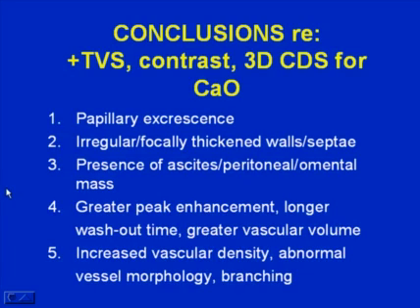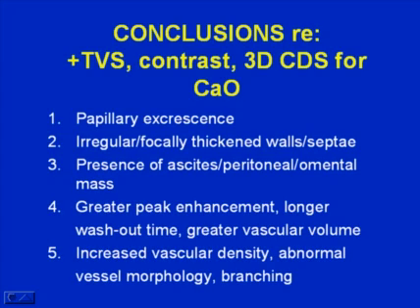So in summary, I believe that the improved resolution with 3D and with contrast has some significant advantages over morphology in making the diagnosis of ovarian cancer. We can look at, of course, papillary excrescences, irregular or focally thickened wall, and presence of ascites as the morphology of ovarian cancer.